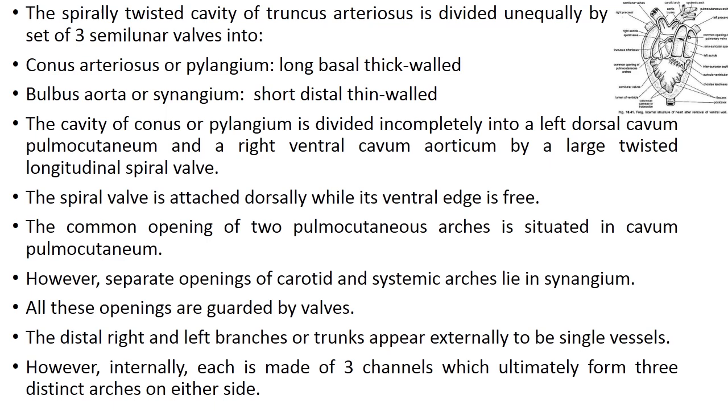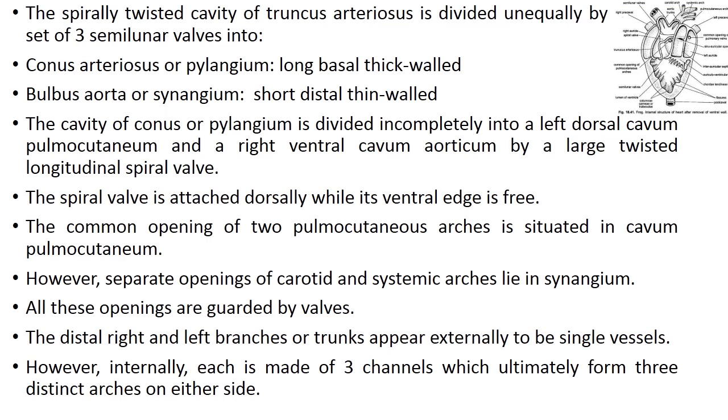The spiral valve is attached dorsally while its ventral edge is free. The common opening of the two pulmocutaneous arches is situated in the cavum pulmocutaneum. Separate openings of the carotid and systemic arches lie in the synangium. All these openings are guarded by valves.